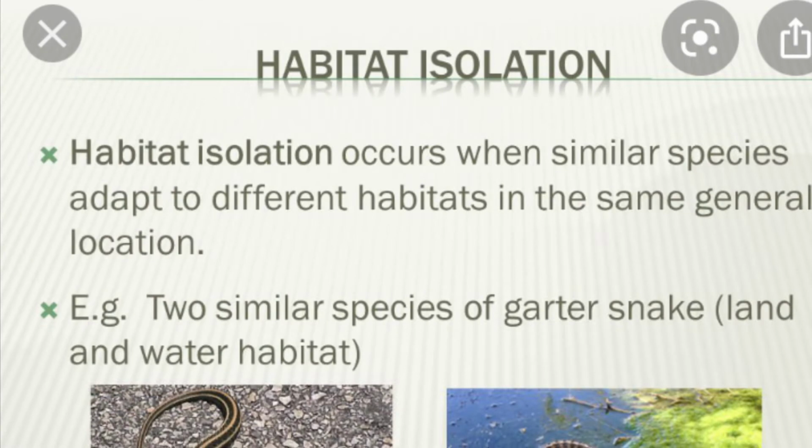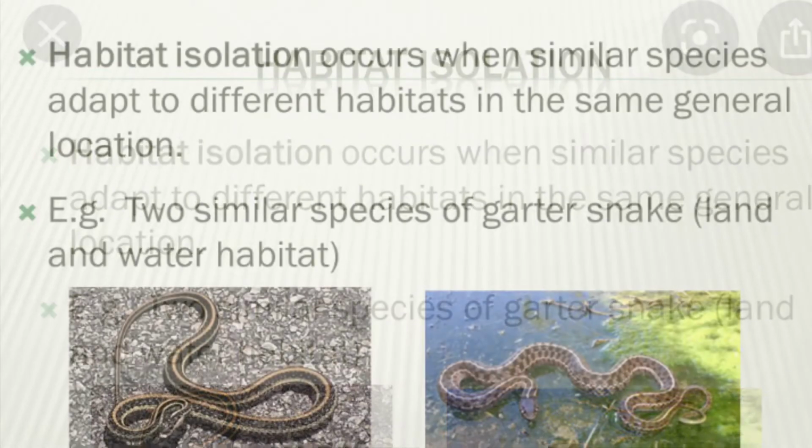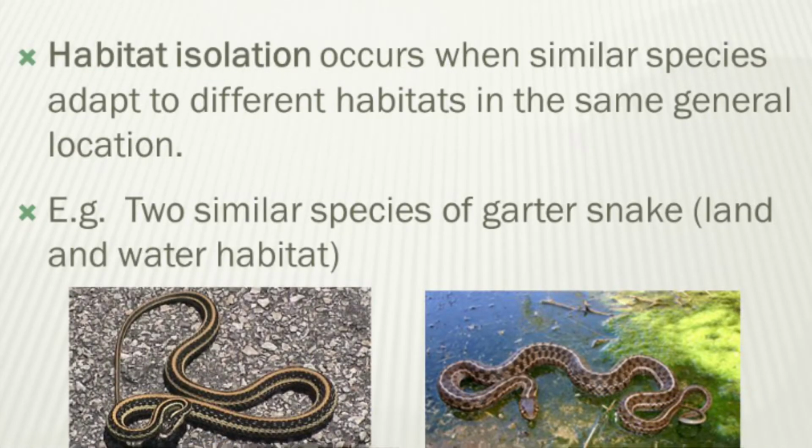All right, so now habitat isolation. Habitat isolation is when they live in the same area, but one wants to be up in the trees and the other one wants to be in the ground or in the water. They're in the same area, except they just like to live in different places. Like a garter snake, there are some that want to be in the water and others that don't, so they end up not mating with each other.